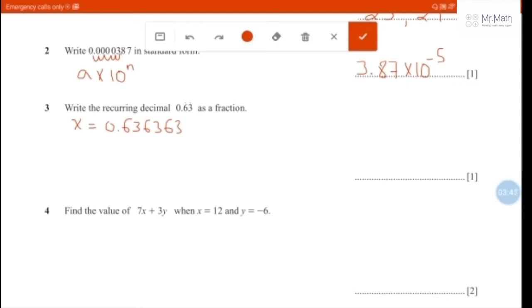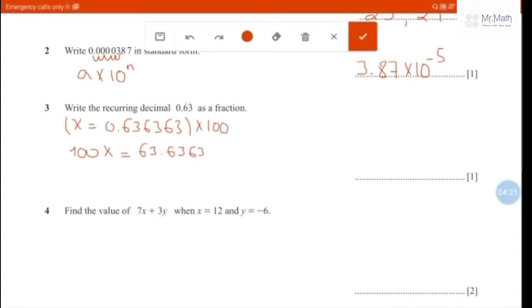I'm going to multiply this by 100. So I will get 100x is equal to 100 times 0.636363 is equal to 63.6363.